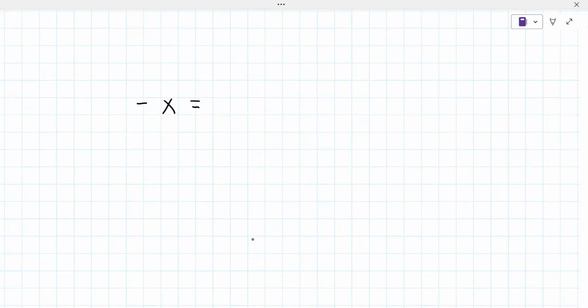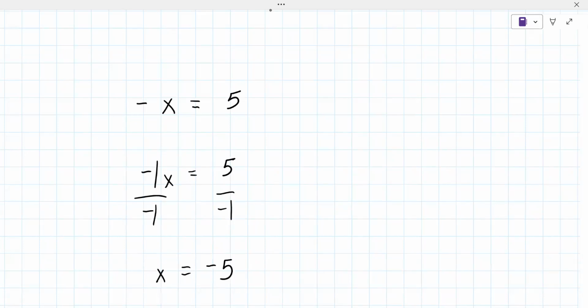Other ones you might see: negative x equals 5. Whenever you see a negative, this really means -1x equals 5. So you undo multiplication with division: you divide both sides by -1, and x equals -5. Have you seen that before?